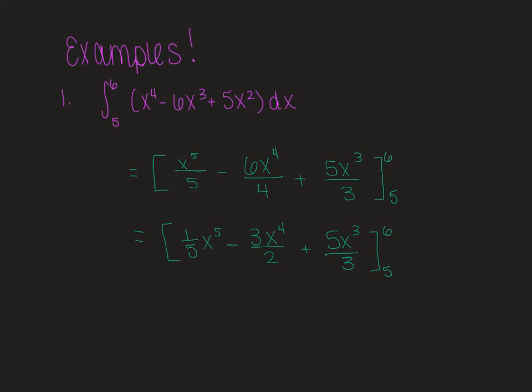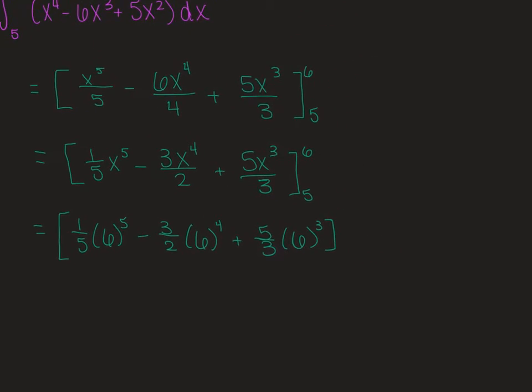So now we are going to be plugging in. The first term I'm plugging in is 6. So I have 1/5 times 6 to the 5th minus 3/2 times 6 to the 4th plus 5/3 times 6 to the 3rd. Personally, I just ran out of room, so I'm going to slide mine over. You do what you need to do in your notebook.